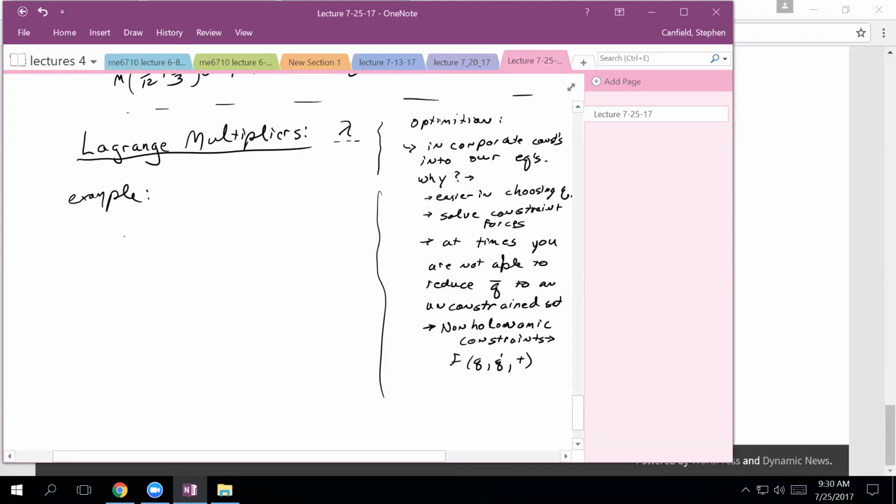In this example, I want to show the second case, how your Lagrange multiplier, lambda, can bring out hidden constraint forces.